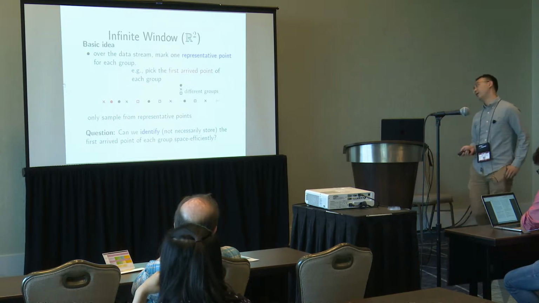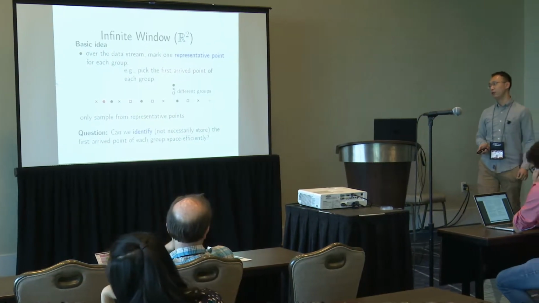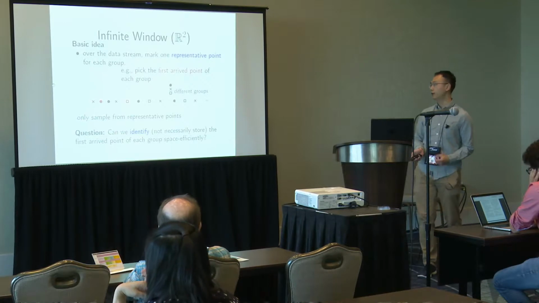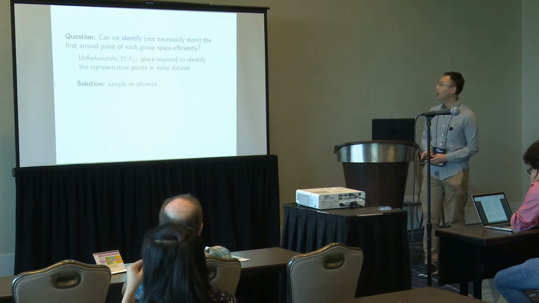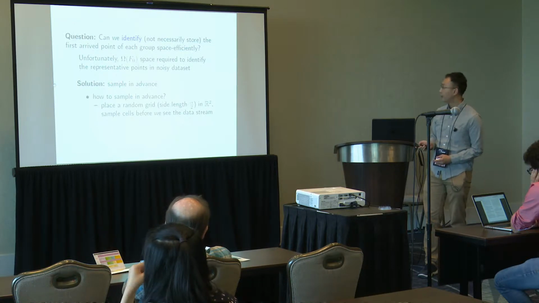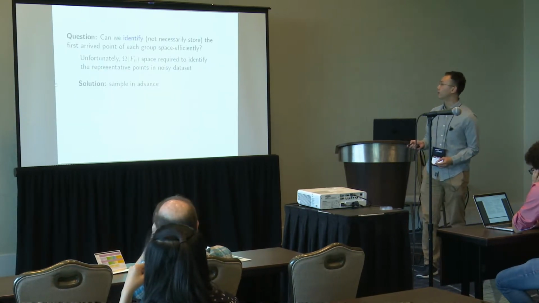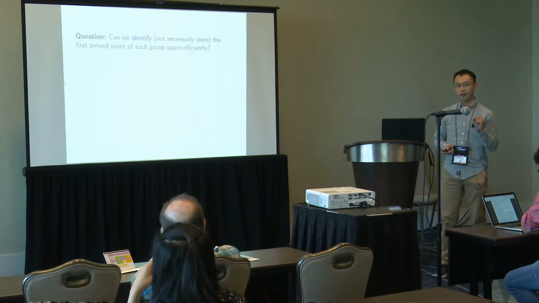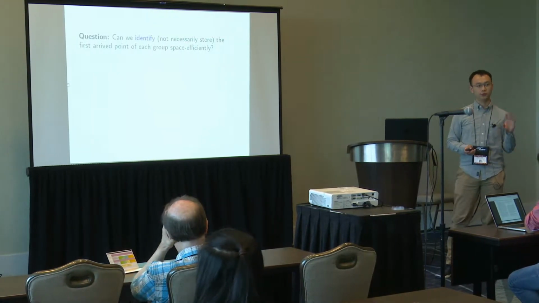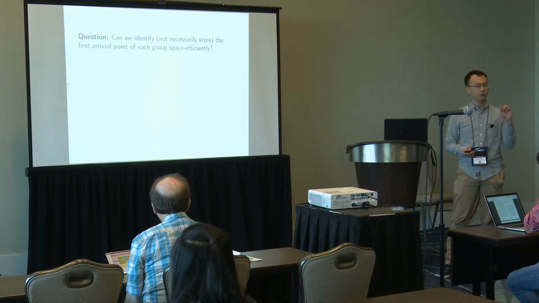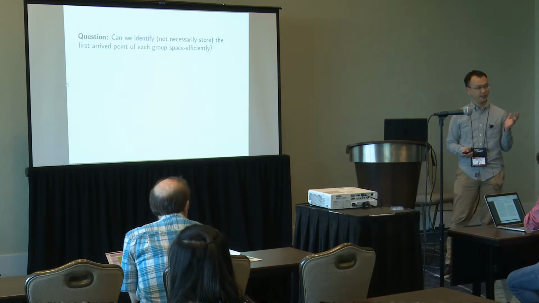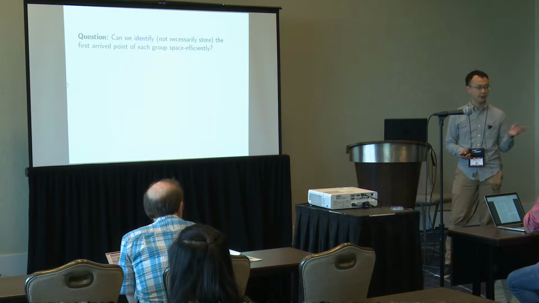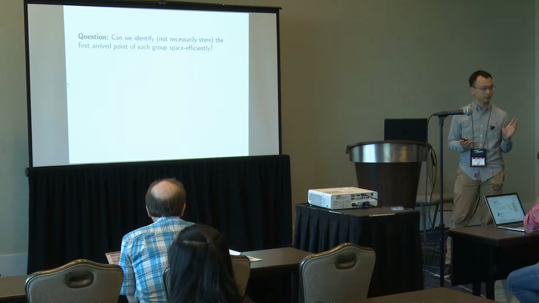But the question is, can we identify the first-arrived point of each group space-efficiently? The issue is that you essentially need to maintain all those first-arrived points, because if you throw them away and later a point of the same group comes again, you don't know whether it is the first point.